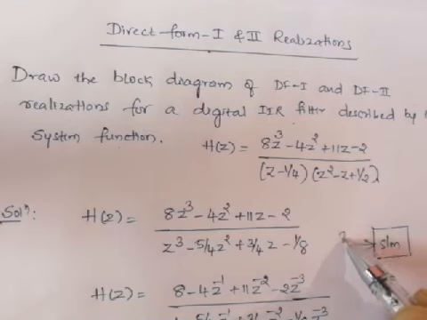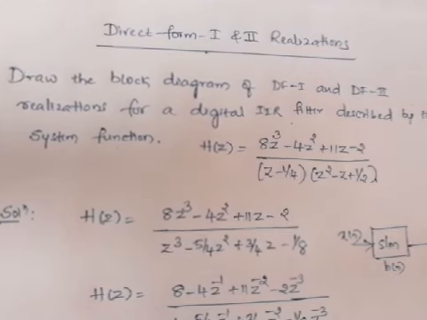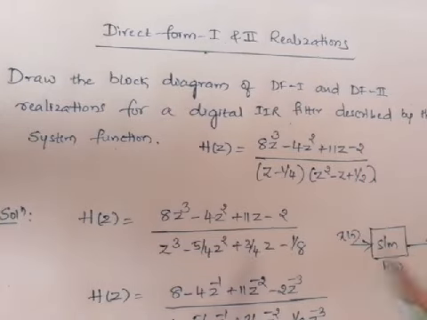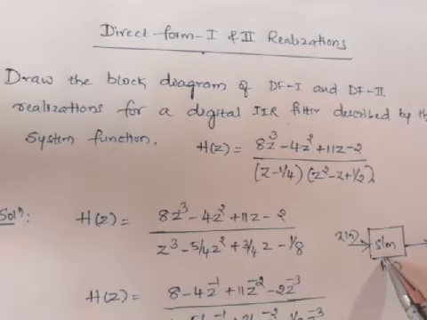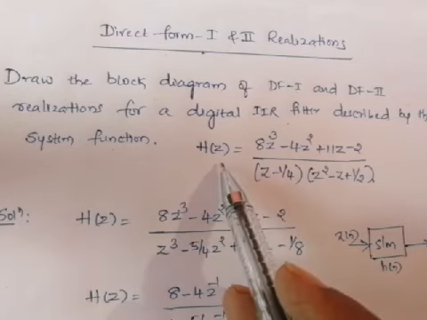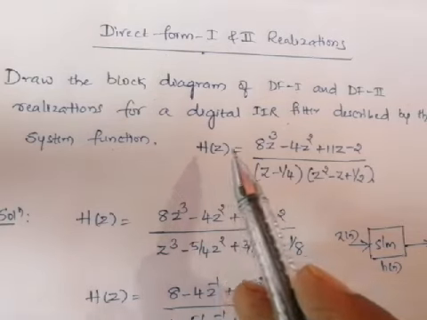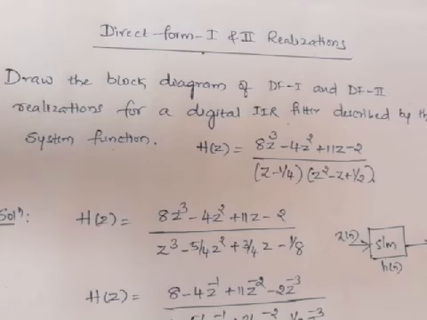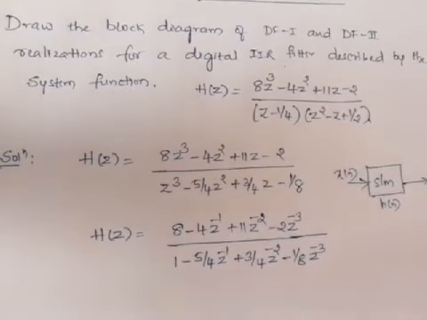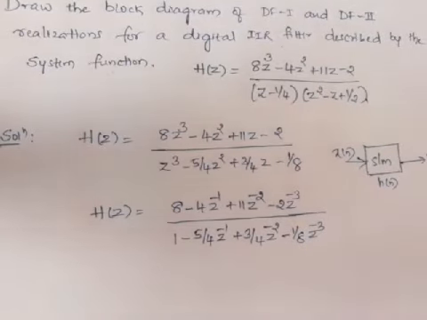A system is having input sequence x of n and output y of n, and its impulse response is h of n. The given system is represented in terms of system function, that is H(z) here. Now we have to realize this system function in terms of DF1 and DF2.